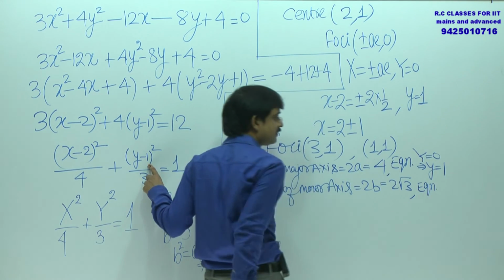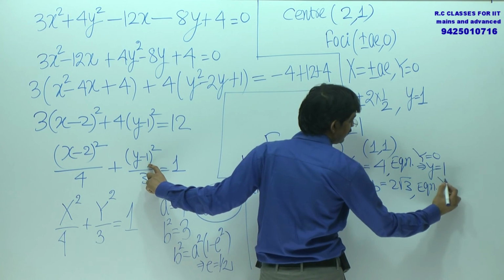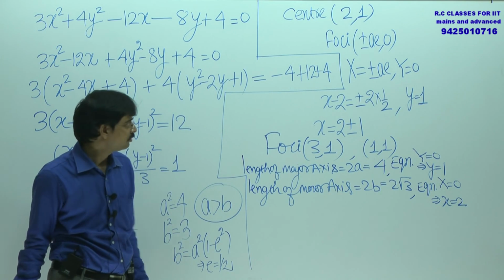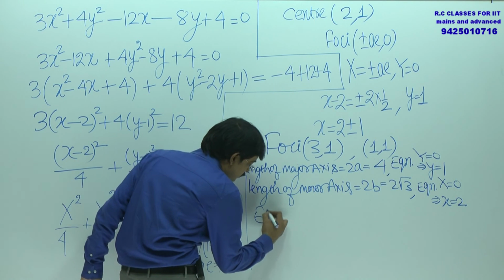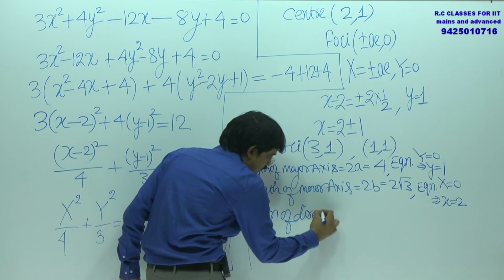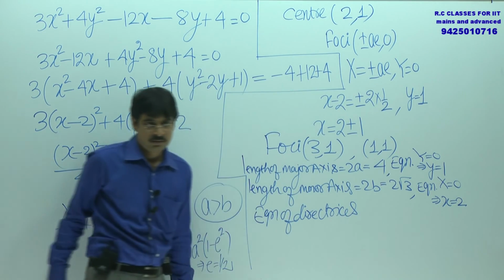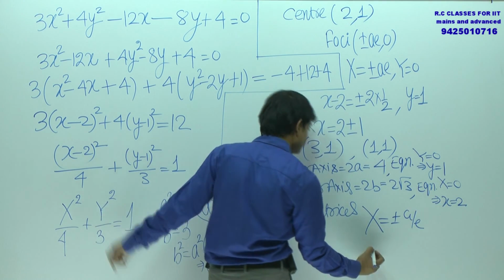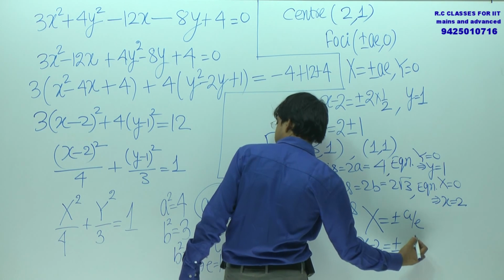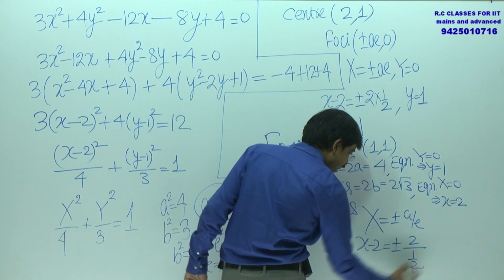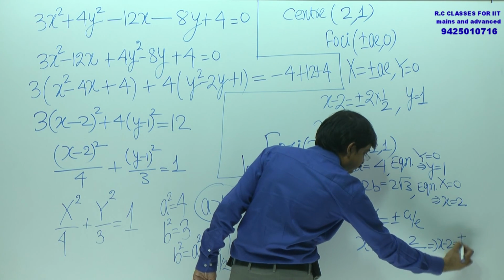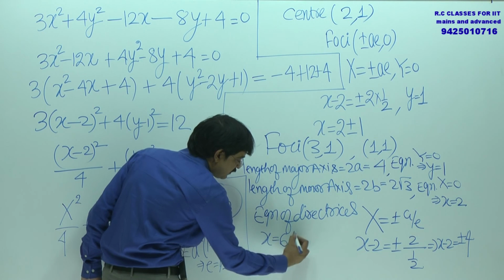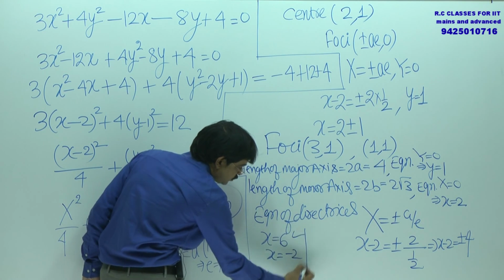Equation of minor axis की बात करेंगे तो y axis is capital X0, x is equals to 2. ठीक, और बोलिए. इक्वेशन ऑफ डायरेक्ट्रिक्स, x is equals to plus minus a by e, that's x minus 2 is equals to plus minus a, which is 2, right? तो डायरेक्ट्रिक्स की इक्वेशन की बात करेंगे तो x will be equals to 6 and x is equals to minus 2.